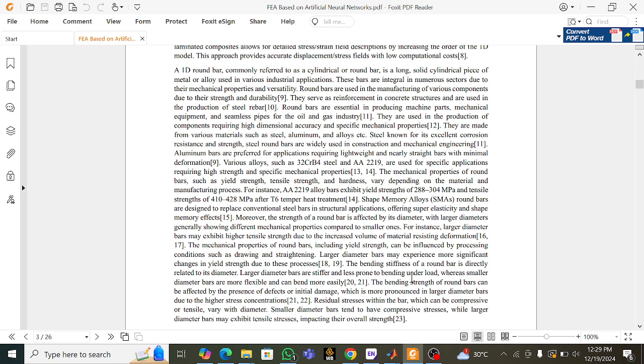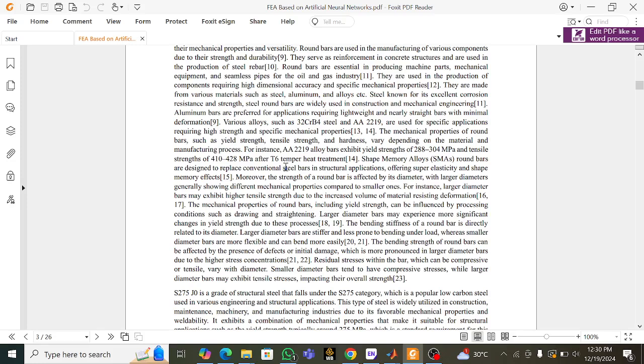A larger diameter may exhibit higher tensile stress due to the increased volume of material resisting deformation. So this paragraph explains each and everything about the 1D round bar.